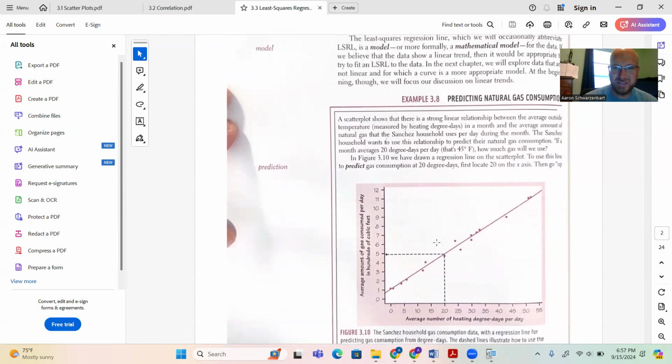So here's the scatter plot of the Sanchez house again and their gas usage. There's a nice least squares regression line plotted through it. We could predict how much they're going to have to pay if they need 20 heating degree days in a month. Okay. I actually think this is graphing the average per day.